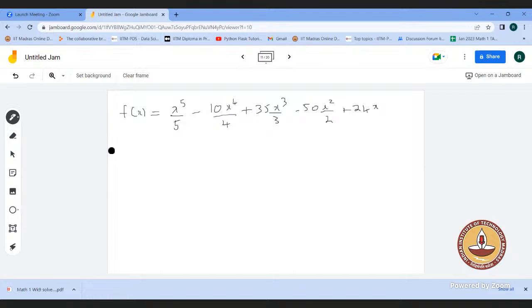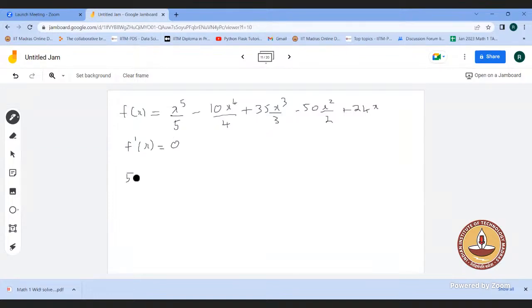So what is the first step that we have to do? f dash of x, we have to equate it to 0, right? So what is the differentiation of this function?